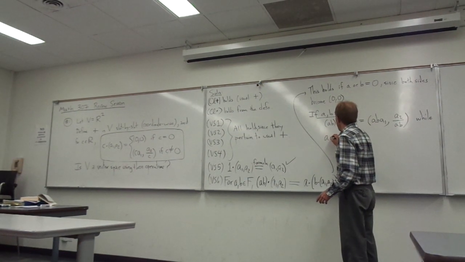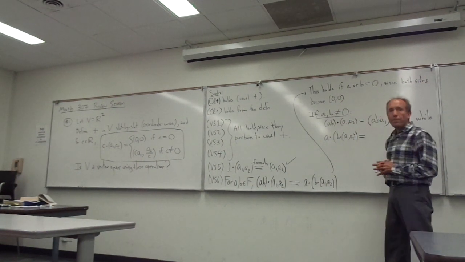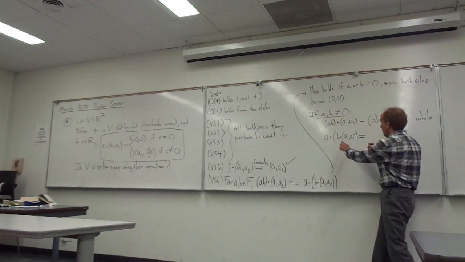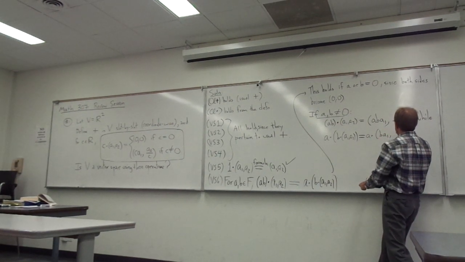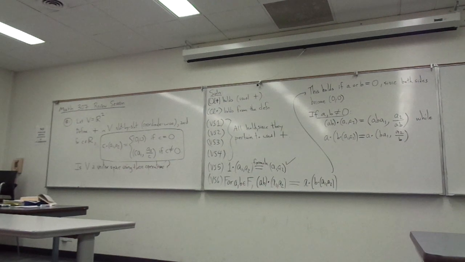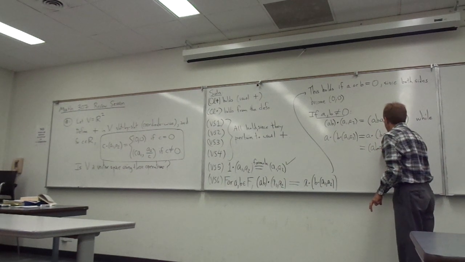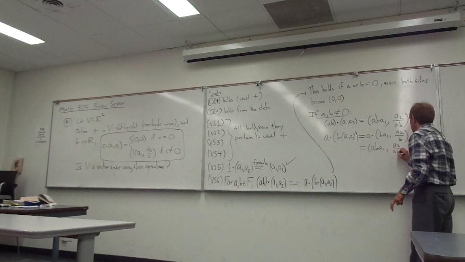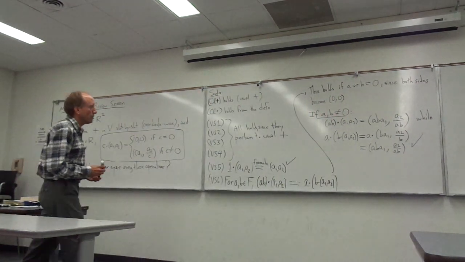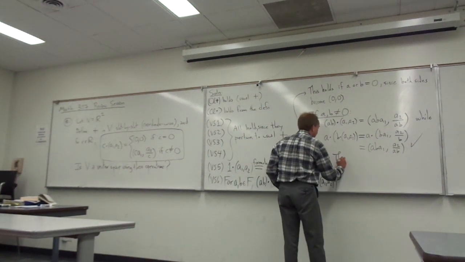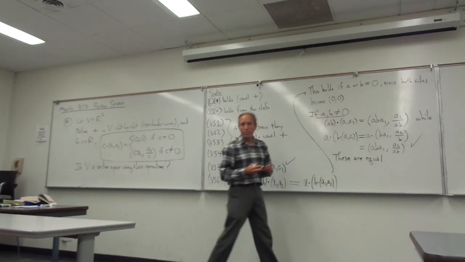If we do A applied to the quantity B applied to A1, A2, I have to do it in 2 steps. First I calculate what's inside the brackets: that would be BA1 and then A2 over B. Now I take A and apply it to that, putting the A on top of the first slot and on the bottom of the second slot, and sure enough, it does work. I just have to show it in 2 steps. In other words, these are equal. So this axiom also works.